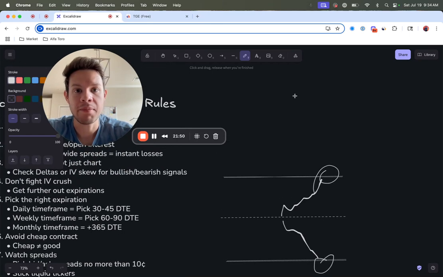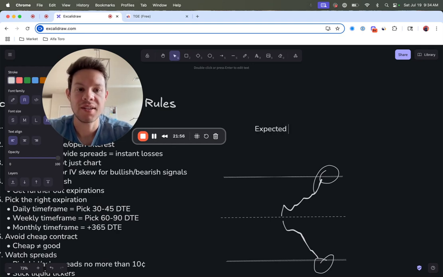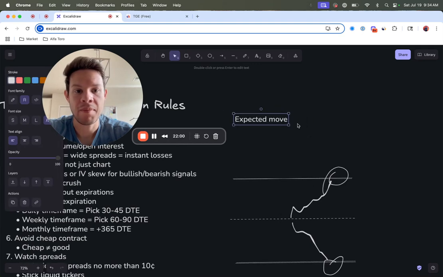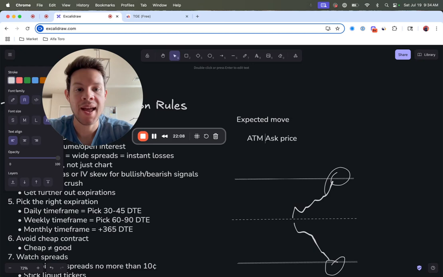How do you get the expected move? I'll give you a DIY version right here. Now, Gextron's is more tweaked, so if you want more accuracy, I recommend using Gextron. But if you just want the DIY version, here's the formula: get the at the money call ask price plus the at the money put ask price.